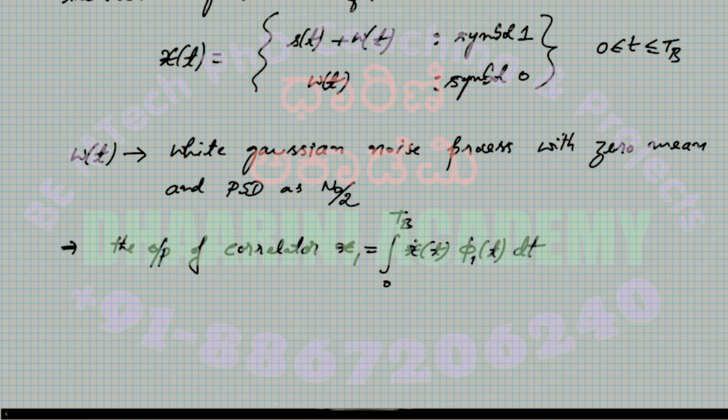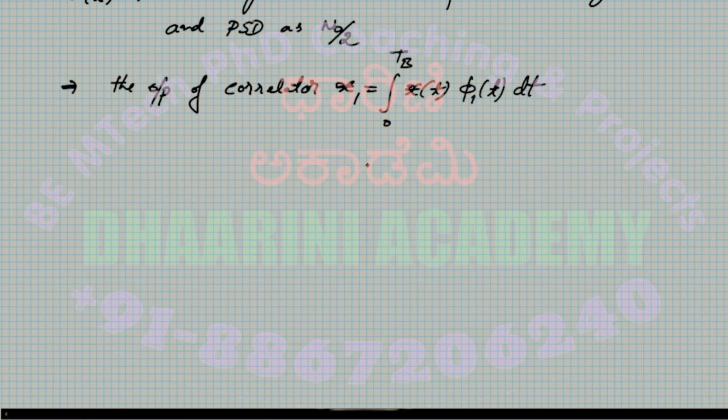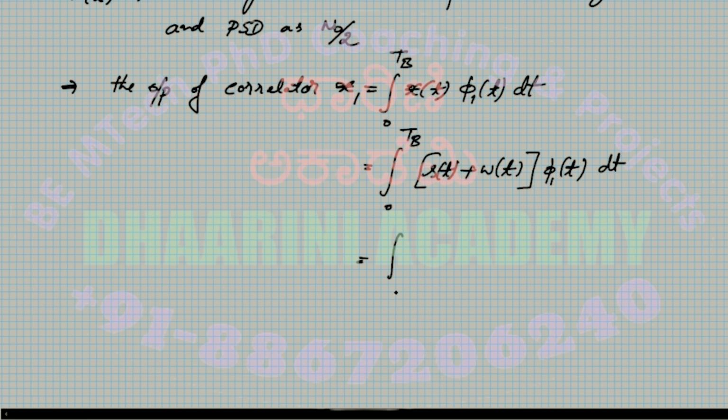Now let me split this x of t and write it so that it becomes easy to understand. This is equal to the integral from 0 to tb of s of t plus w of t, into phi 1 of t dt. So this is the integral from 0 to tb of s of t into phi 1 of t dt, plus the integral from 0 to tb of w of t into phi 1 of t dt.